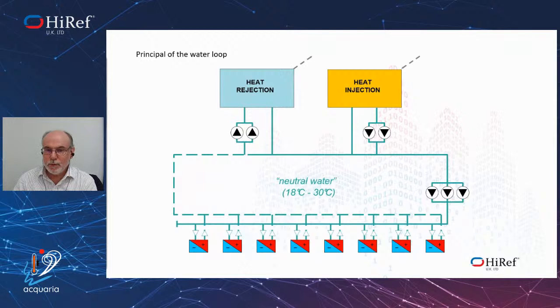This is slightly more of a problem when you come to apartments, because you're looking at domestic hot water as well as the heating of an apartment. So apartments require more heating than the office and retail, and so there could be an imbalance.